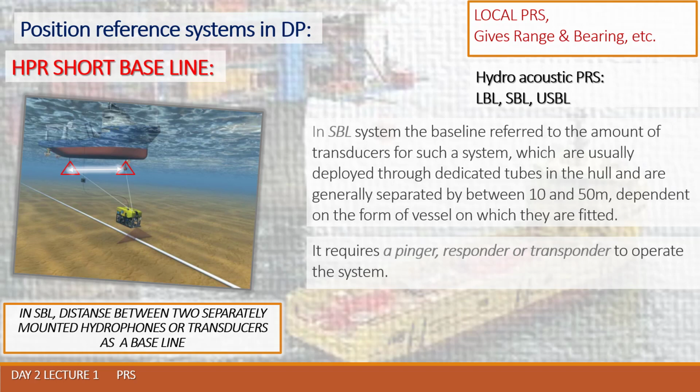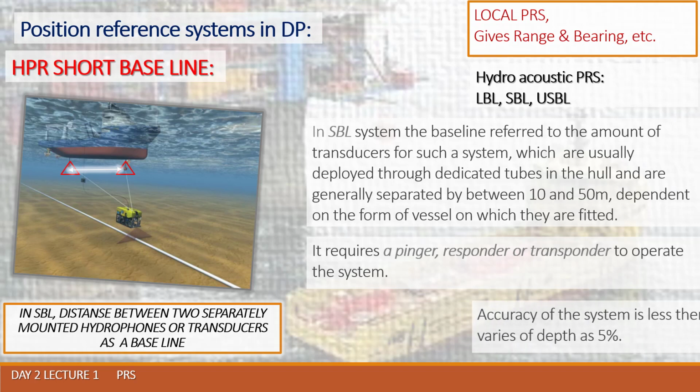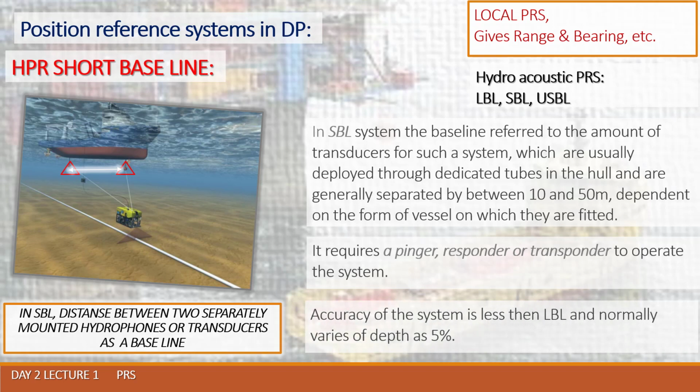Accuracy of this system is less than long baseline and normally varies with depth as about 5%. And let's say honestly, this type of arrangement is an old school technique and not very popular nowadays.